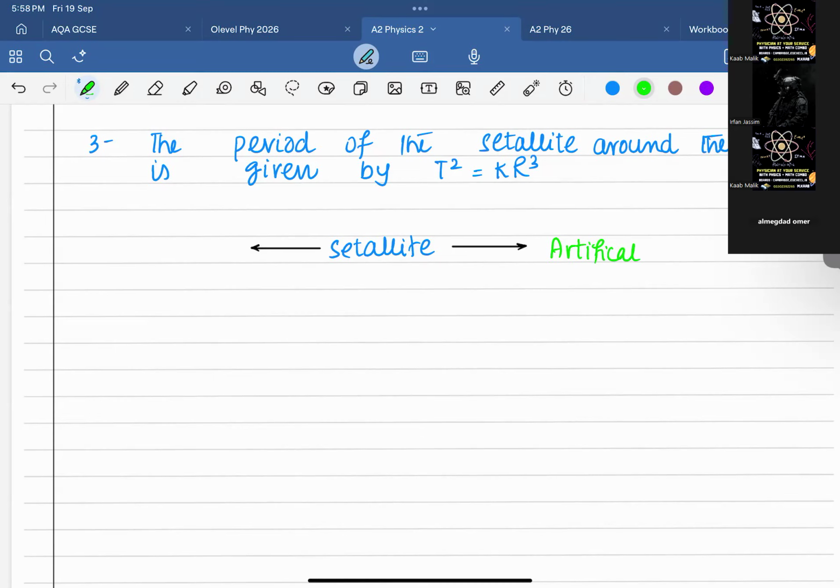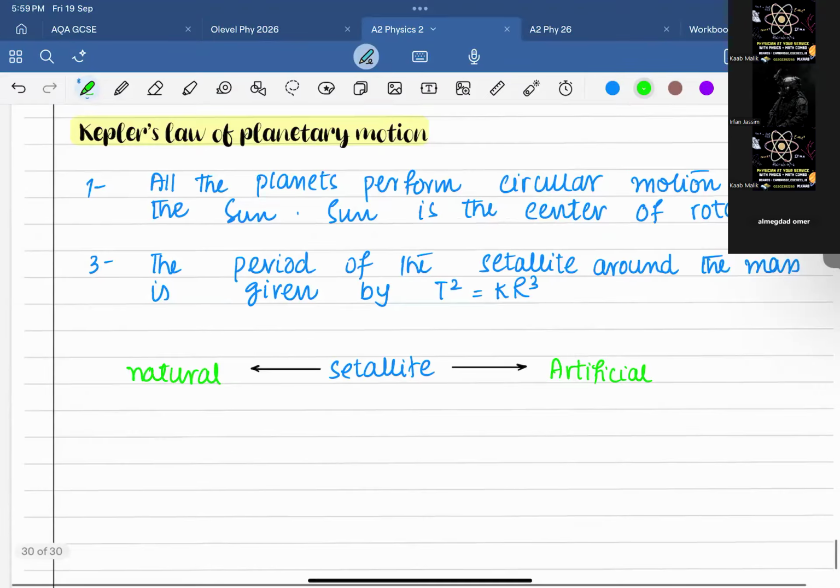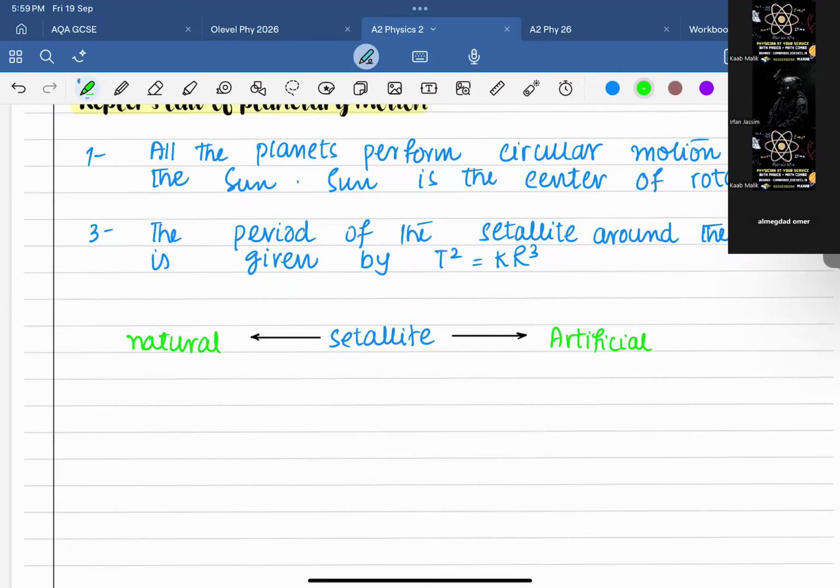The artificial satellites are those that we launch into space, and the natural satellites are those that are already in space orbiting a specific planet, like the moon for us, which is a natural satellite. And this type of circular motion is called periodic motion.